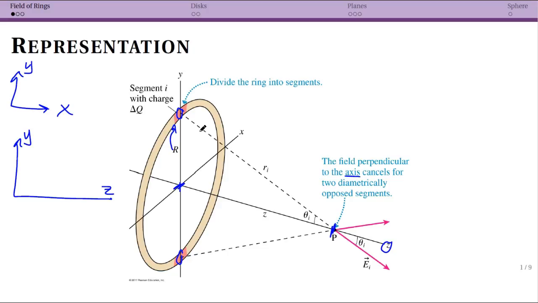But what's clever about the ring of charge is if you look at every single place on the ring, like we can take these 2 points, they are actually the same distance, right? Remember, Ri describes the location of each of these points, but each point is actually the same distance from this. So that means that we don't really have to do an integral here, since every single little delta Q has the same Ri and the same angle.